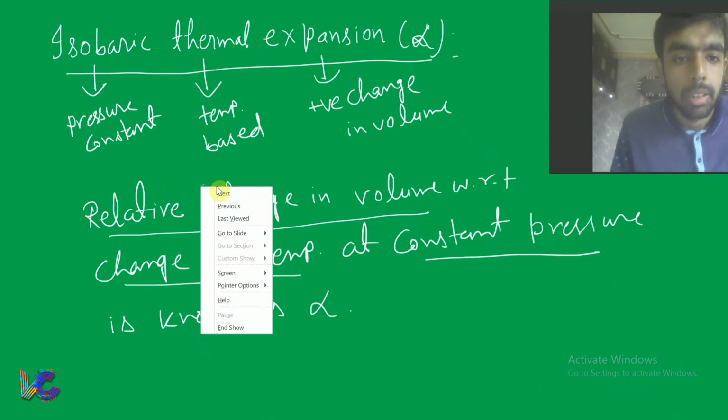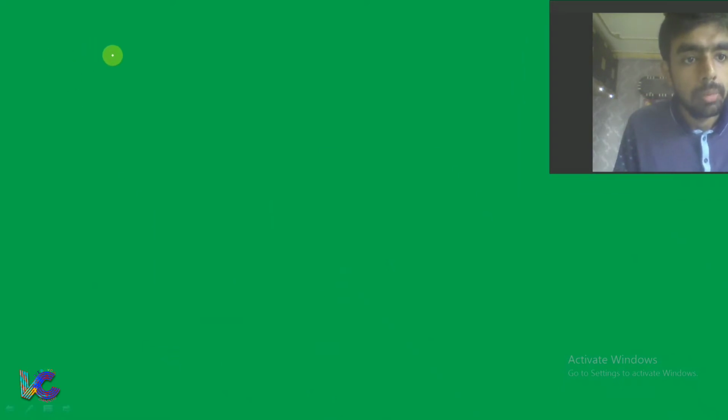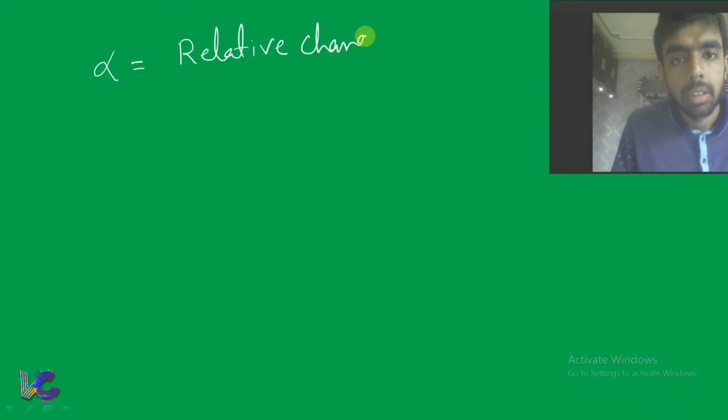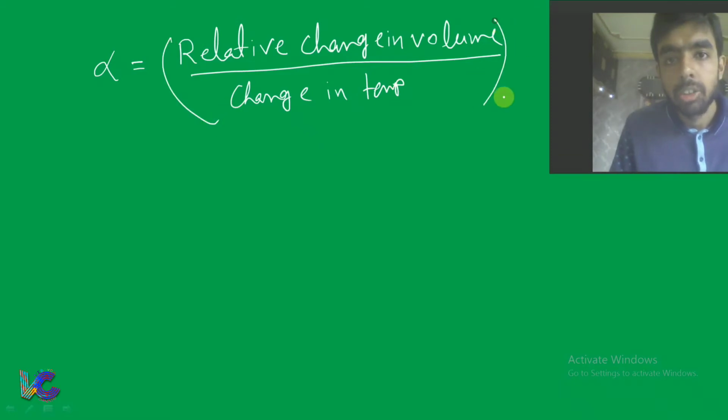That means if I write the mathematical form of alpha, alpha is relative change in volume by change in temperature at constant isobaric condition, that means constant pressure.